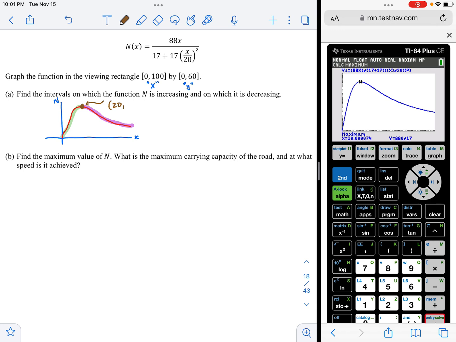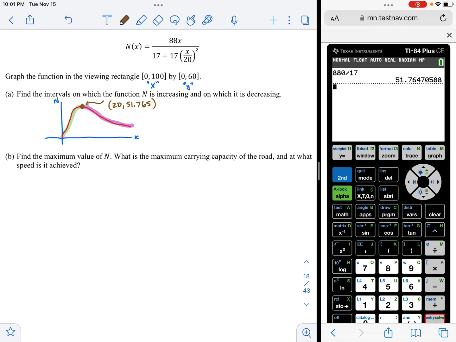And then my calculator, for whatever reason, says 880 divided by 17. So 880 divided by 17 is the decimal 51.765 if we use 3 decimal places. You could do the fraction, I suppose, but either way, that value is the number of cars. Neither the decimal nor the fraction makes a whole lot of sense, so we'll probably round that one.